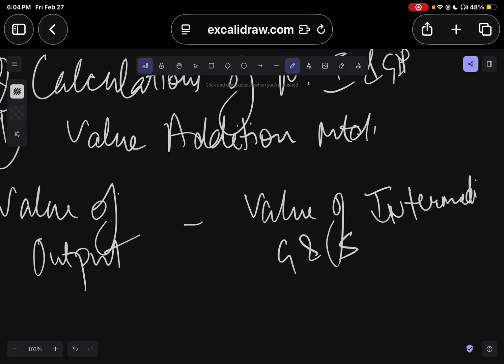Intermediate goods are all those goods and services which are used for further production of goods and services for sale in the market.